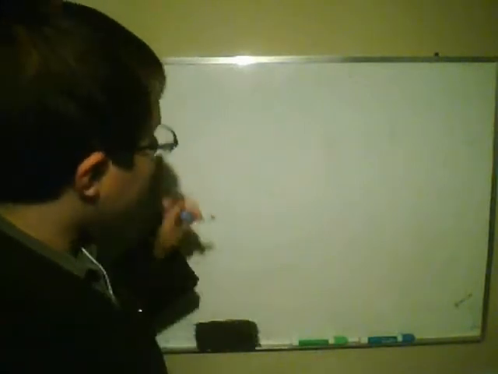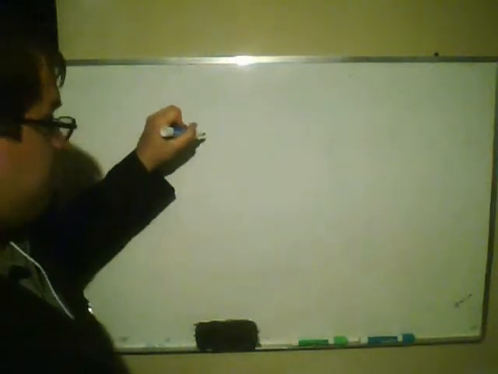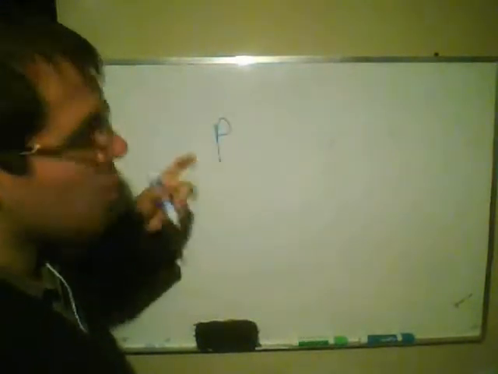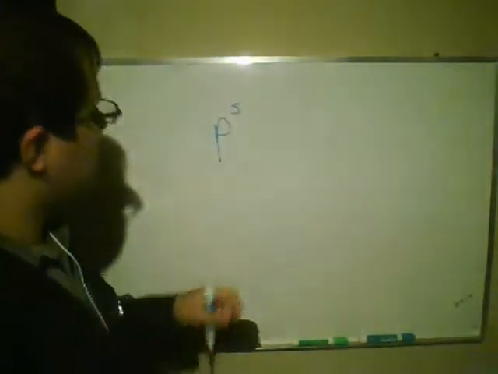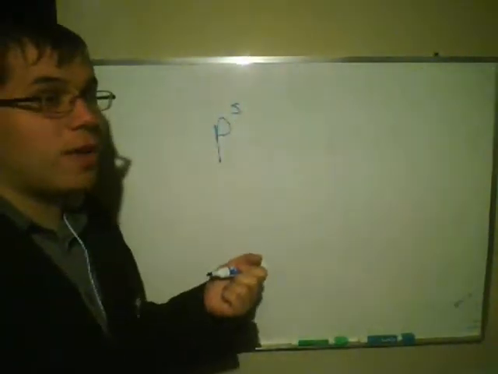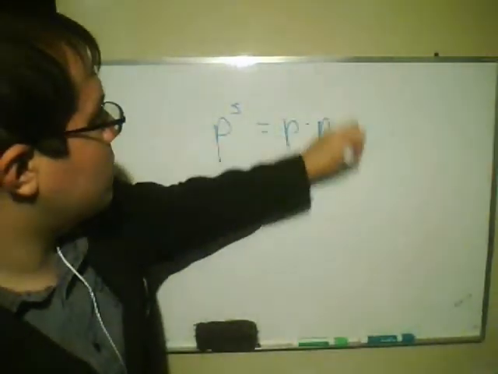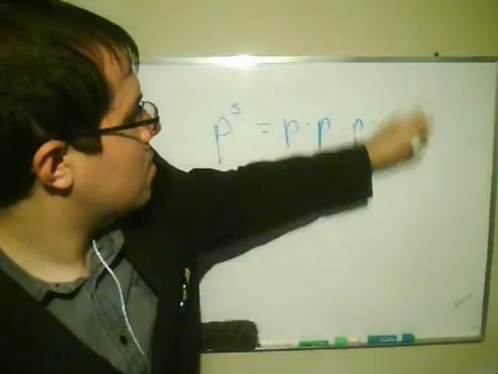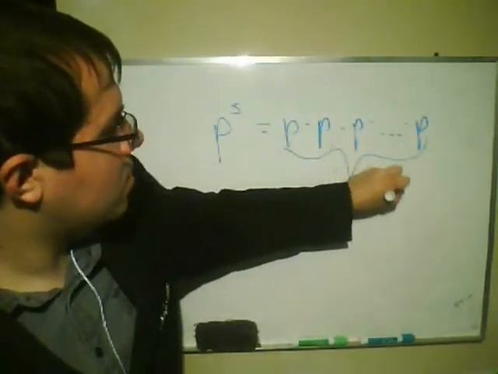So, let's think about it this way. Suppose we're given some sort of prime number, say we'll just call it P, and it's raised to some S. P raised to the power of S. So this is P times P times P, S times.